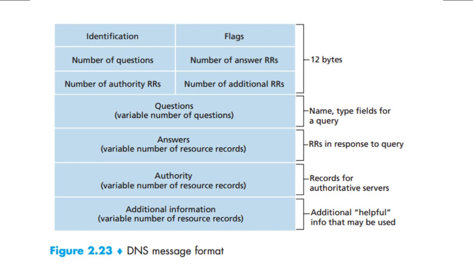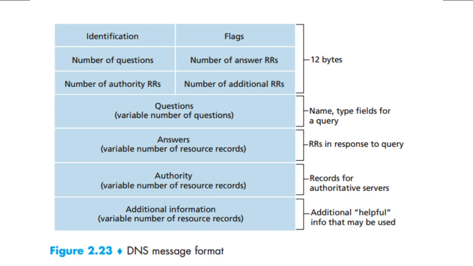In a reply of a DNS server, the answer section contains the resource record for the name that was originally queried. The authority section contains records of other authoritative servers. The additional section contains other helpful records.